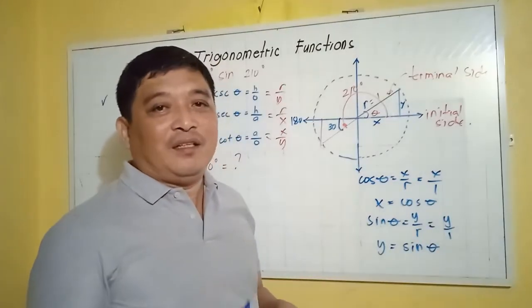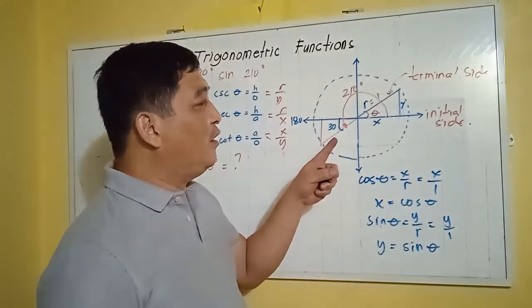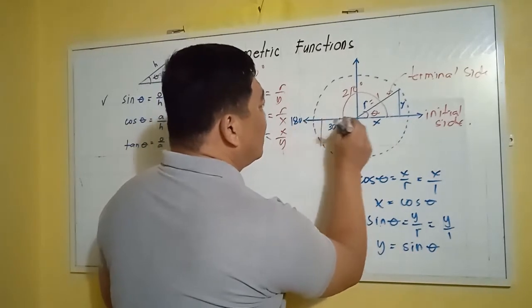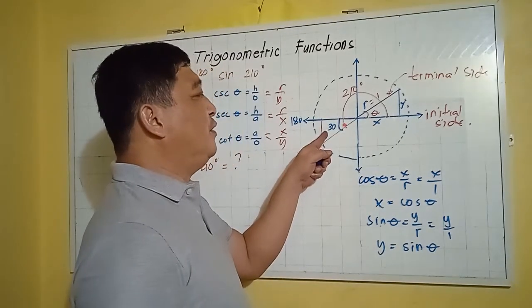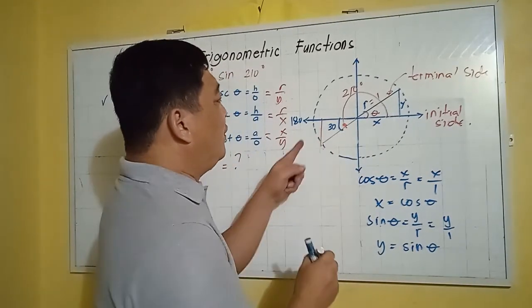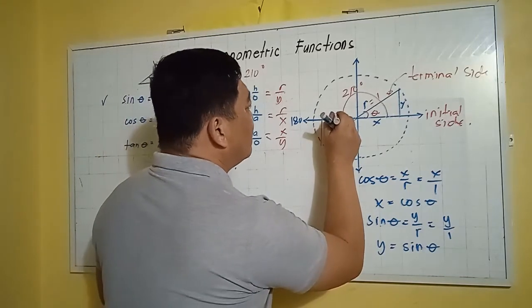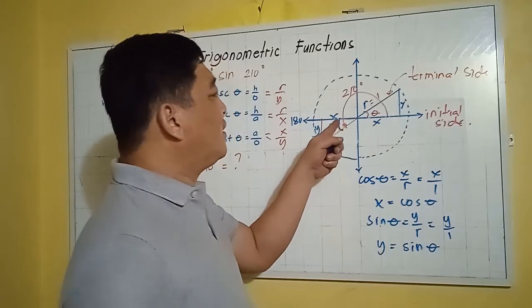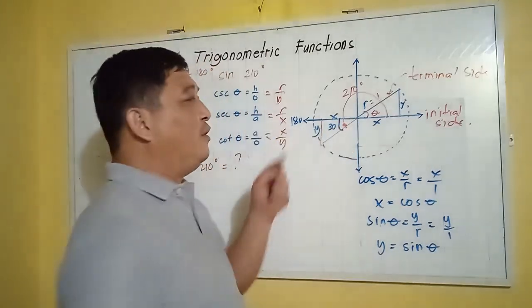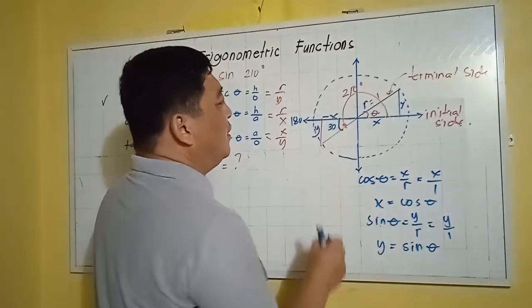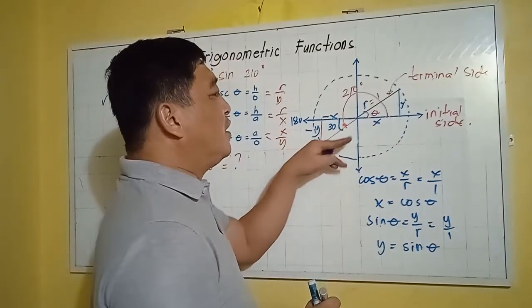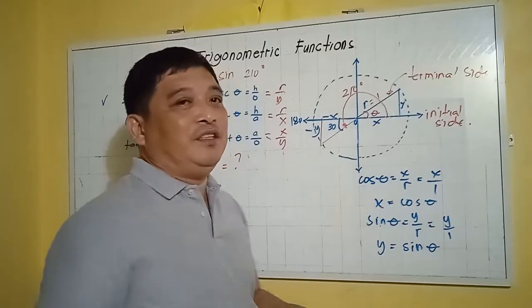Again, as I said earlier, yung angle theta natin is always measured with respect to x-axis. So we have 30 degrees. And this will be our x, and this is our y. Since x is right at the left of the origin, we have the negative value of x, as well as y, we have negative y, kasi nga nasa ibaba siya ng origin.